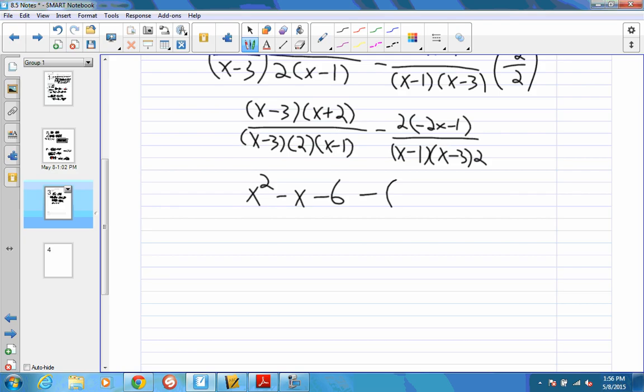Let's go ahead and get just this bit, and then we'll distribute that negative sign. So 2 times negative 2x, negative 4x, minus 2, right? That's just my numerators. So here's this big minus sign there. That has to be distributed. So I've got a plus 4x plus 2.